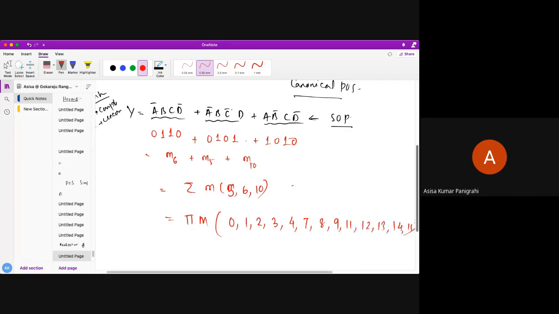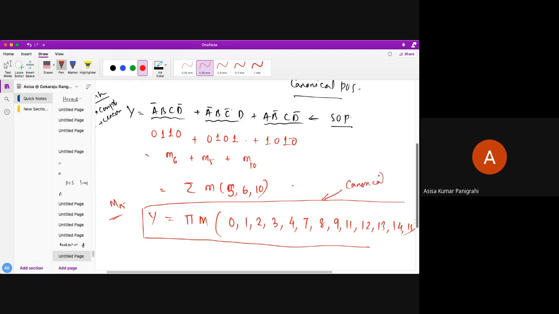Since it's a 4-variable function, we restrict up to M15. This is the function I realize with NOR. So I have converted the given canonical SOP to canonical POS.